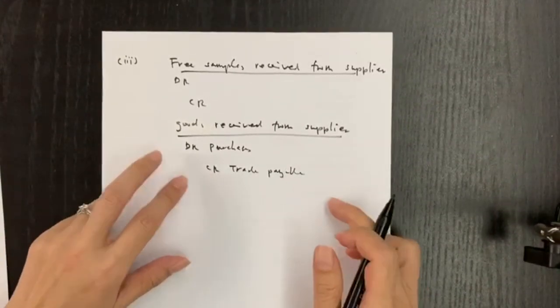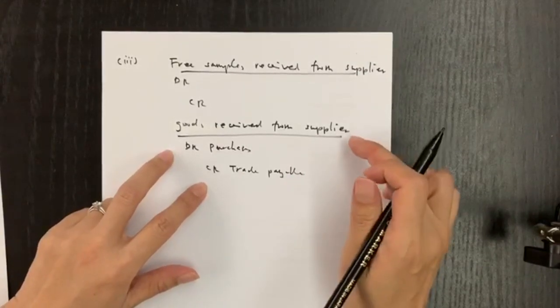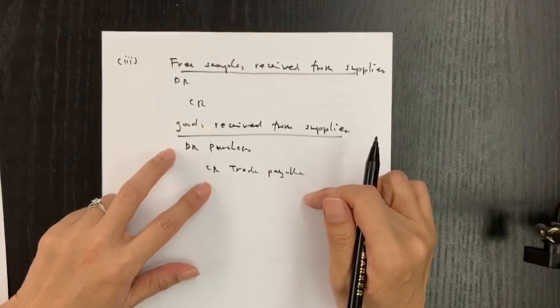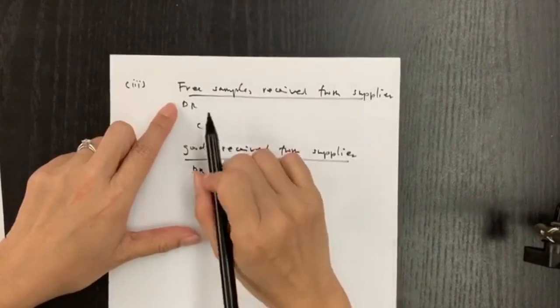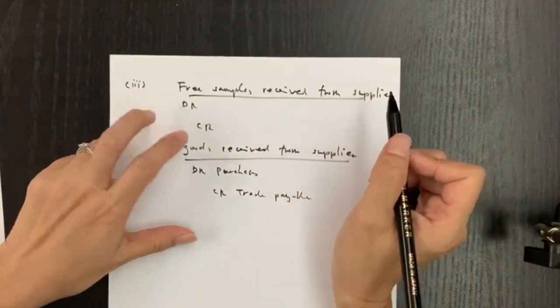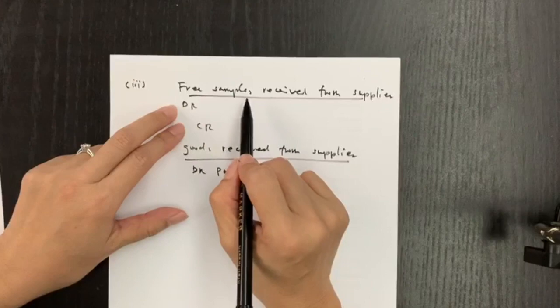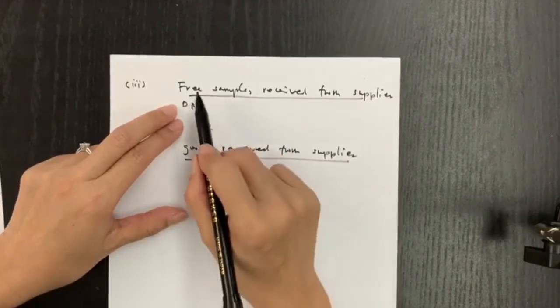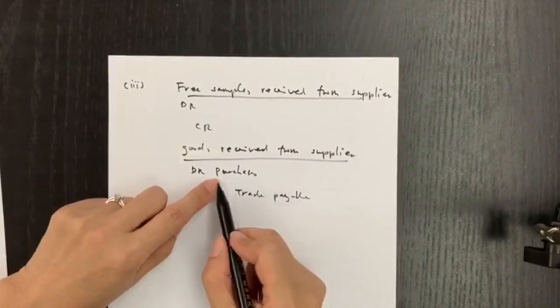Okay, so this is the usual double entry and our relationship between supplier and saying that we always purchase goods from supplier, right? But however, 3 samples received from supplier, that means since we are not going to sell these 3 samples to a customer, we don't treat these 3 samples as part of the goods, so we don't do purchases, we don't debit purchases.